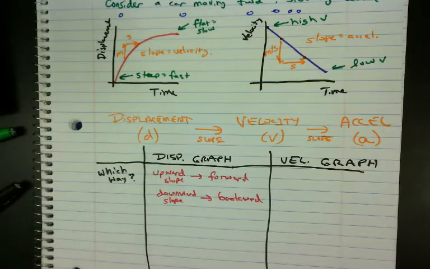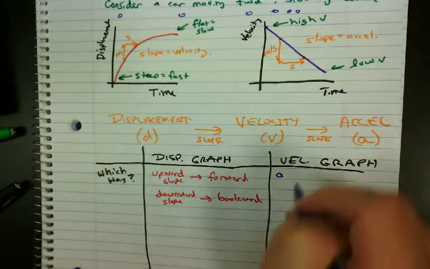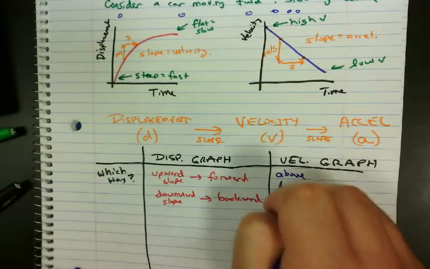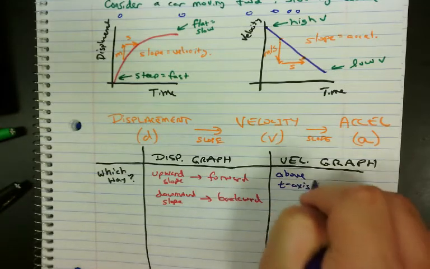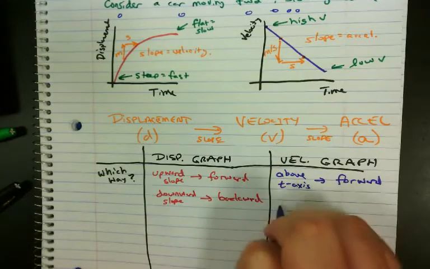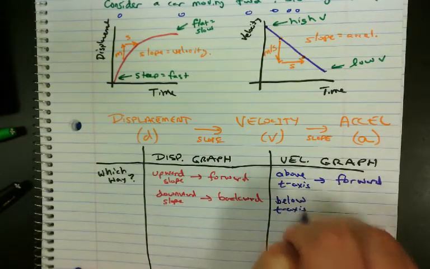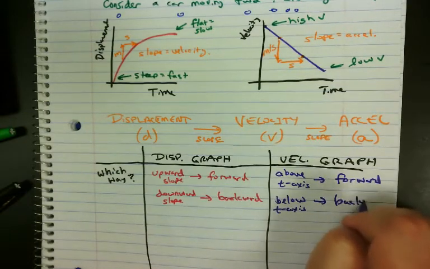So this is what we're going to say, right? If it's positive, or if it's above the time axis, then we're going to say it's going forward. And if it's negative or it's below the time axis, that's going to mean it's going backward.